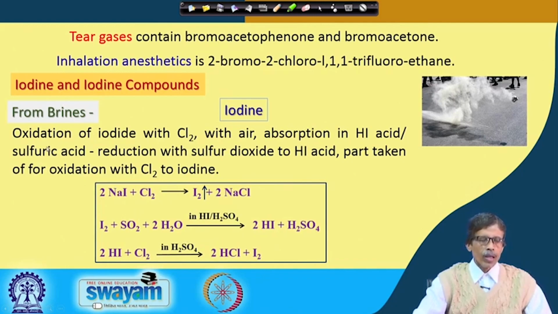The first thing we are considering is the reaction of sodium iodide. Say in brine water you have plenty of available iodide salt as sodium iodide. That sodium iodide will basically be oxidized by passing or purging chlorine gas.